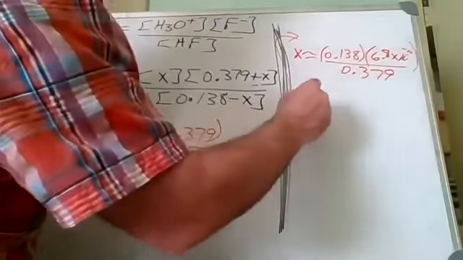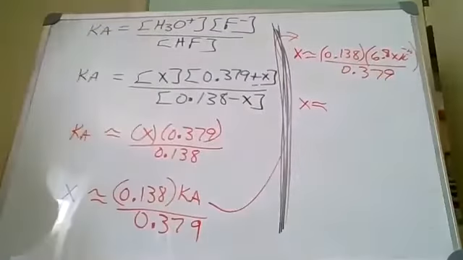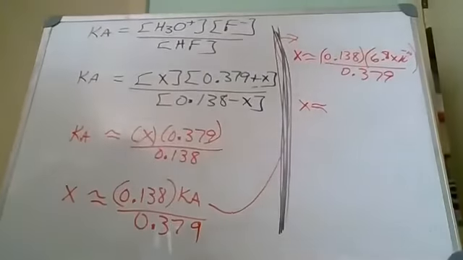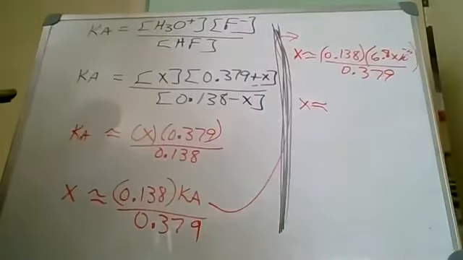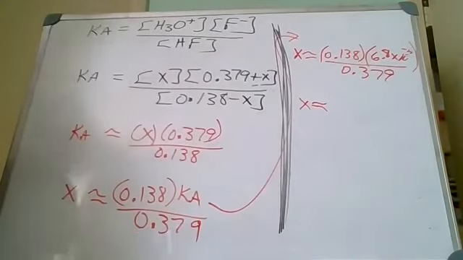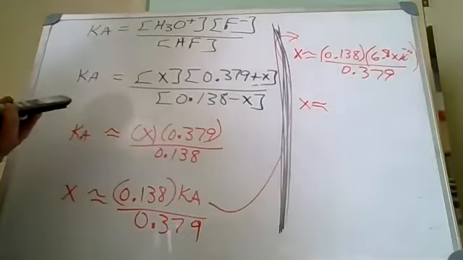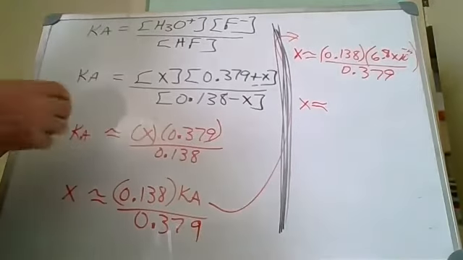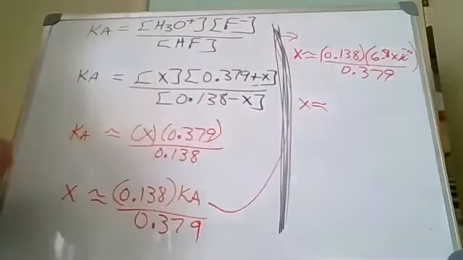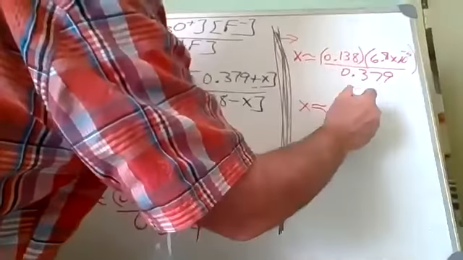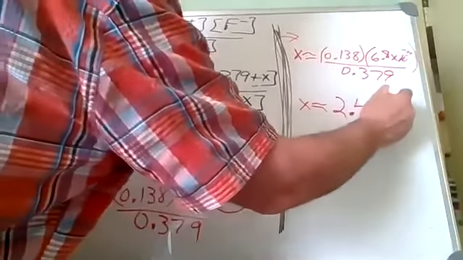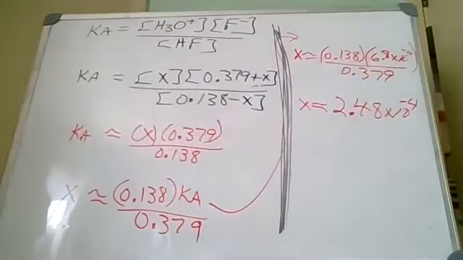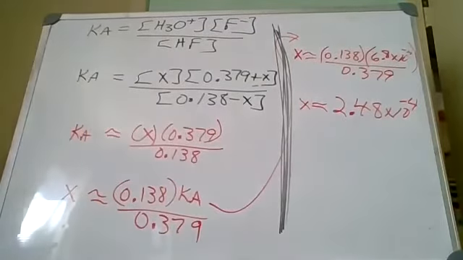Then we get out our calculator. And I get 2.48 times 10 to the negative 4th. I hope this works out, because I didn't have this one worked out. I can't check it.